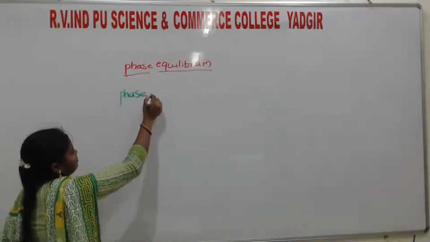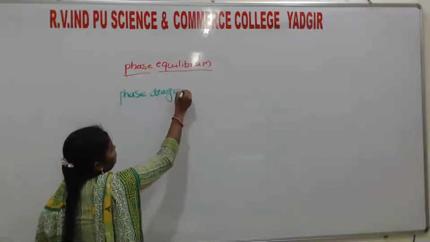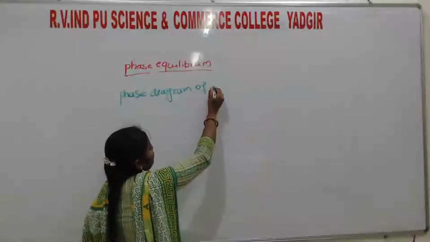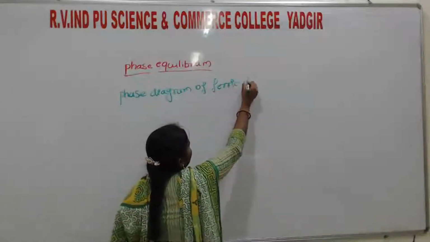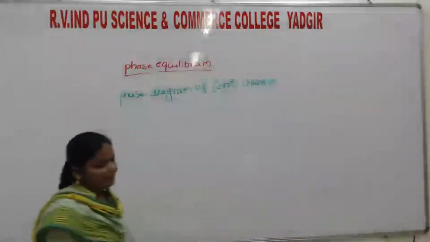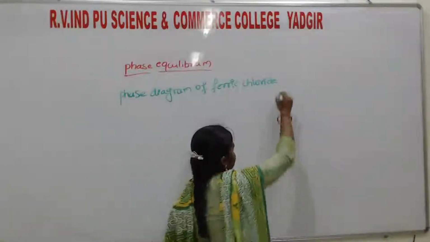Phase diagram of ferric chloride water system.